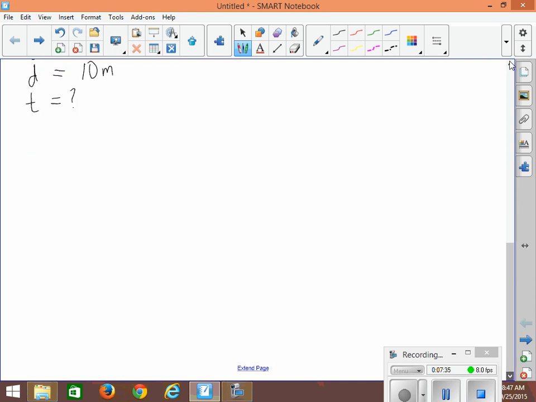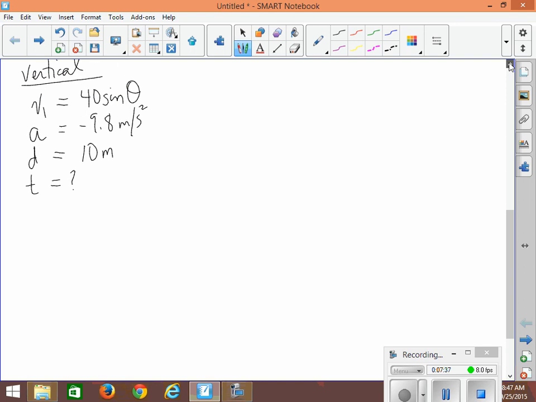The expression that we're going to write, obviously, if you look at the information that you're given, it's looking like d equals v1t plus a half at squared. And if we fill in the information we have, 10 meters equals, now here's an interesting thing, we have 40 sine theta times t. I have to put the 40 sine theta inside where the v1 is.